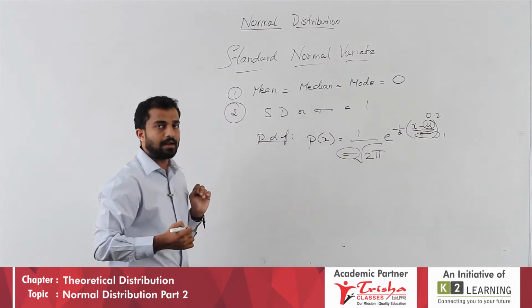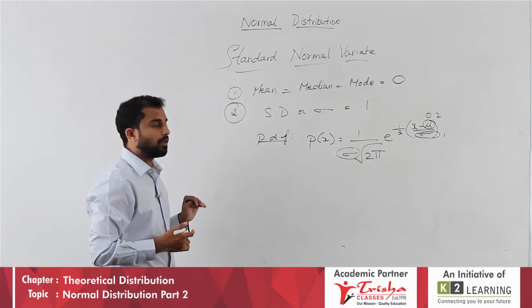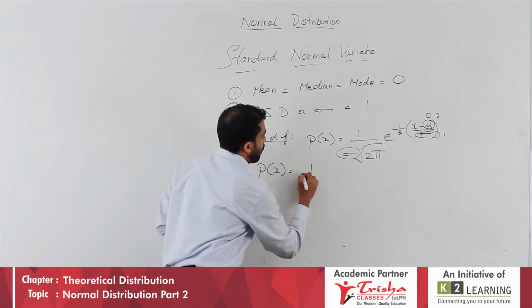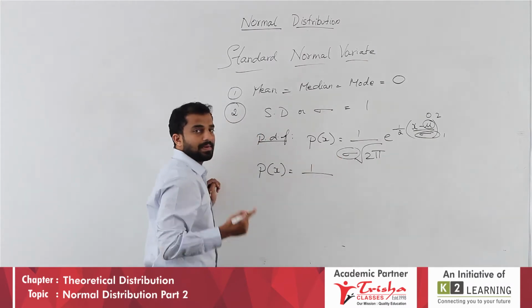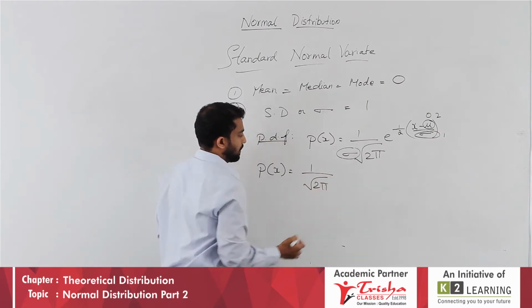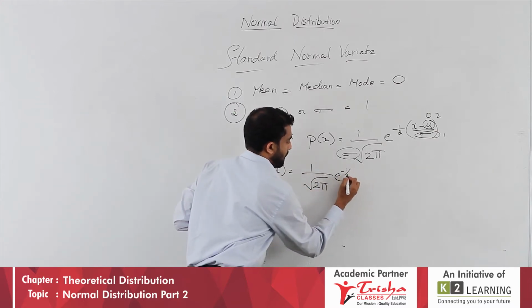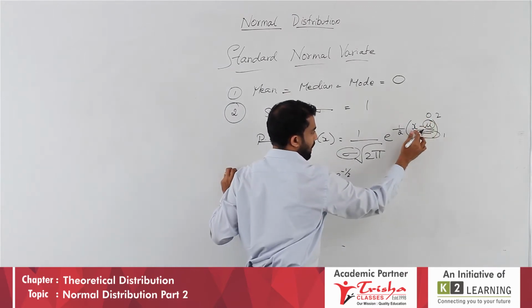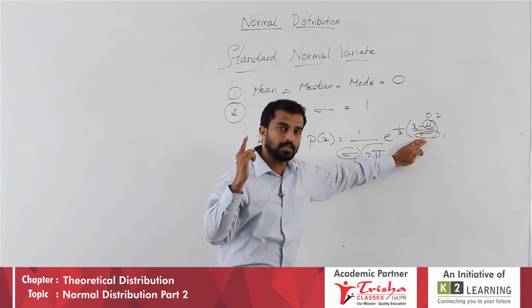That means for a standard normal variate or for standard normal distribution, P of x will be equal to 1 by sigma, anyways the value is 1. So, only root 2 pi remains here, e to the power minus half, and here x minus 0, x itself remains, sigma is also 1.